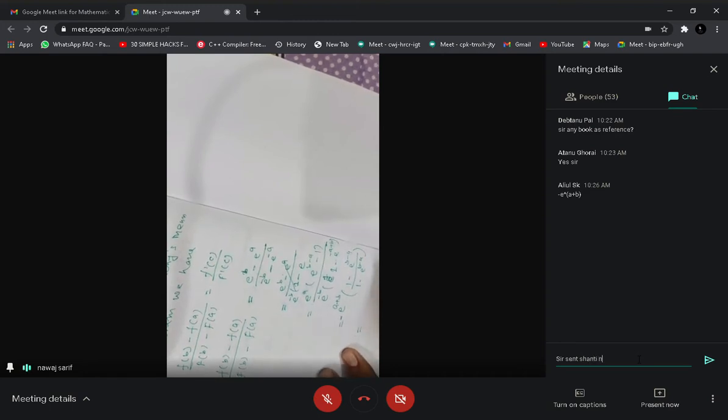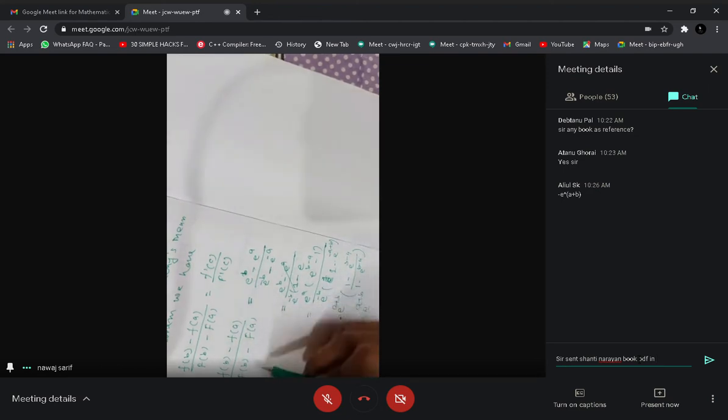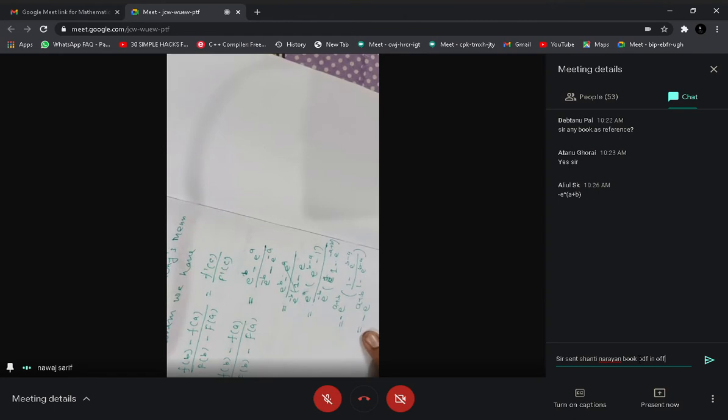So this expression is what? Minus e to the power a plus b, so F(b) minus F(a), e to the power a plus b.